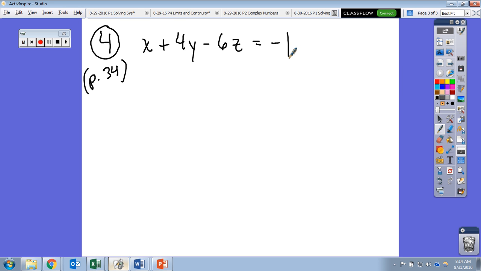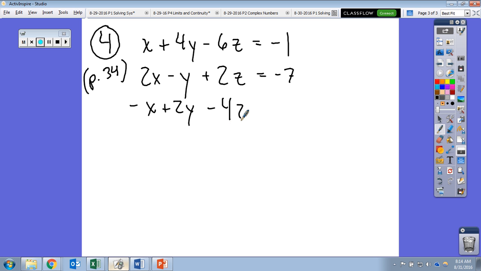And then we have 2x minus y plus 2z equals negative 7. And negative x plus 2y minus 4z equals 5. I'm just labeling equations 1, 2, and 3.